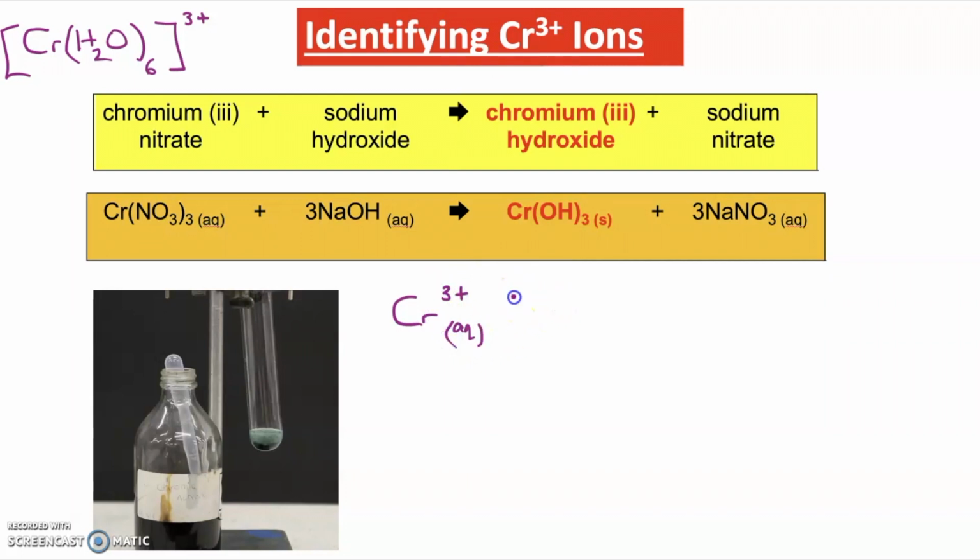Now, if we're going to write an ionic equation, we could write it as Cr3+ plus 3 OH- ions form the precipitate Cr(OH)3.